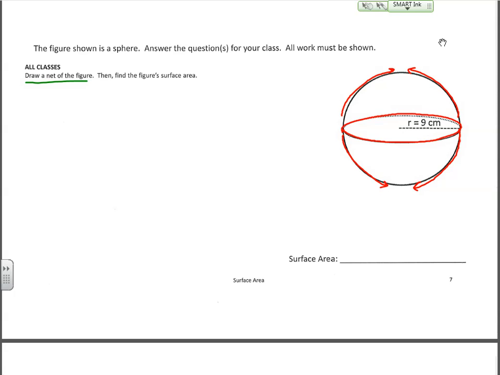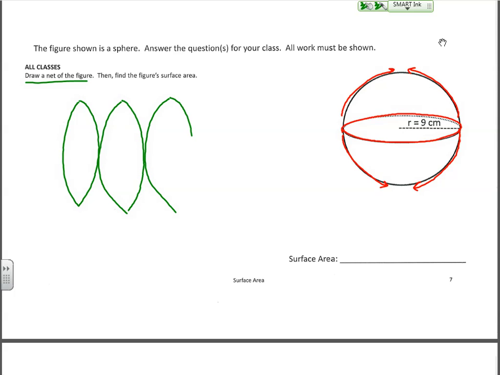So the net of a sphere is a rather interesting one. It's 4 leaf-shaped sections that all connect in the middle. And remember, I got a D in art when I was a lad, so forgive my drawing skills here, but that's not too bad. Okay.